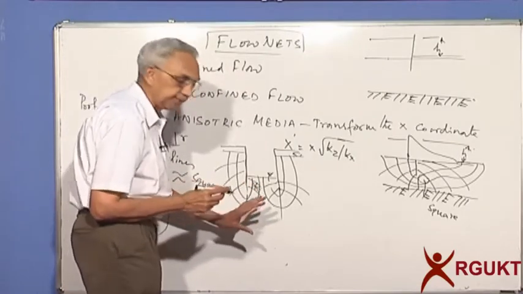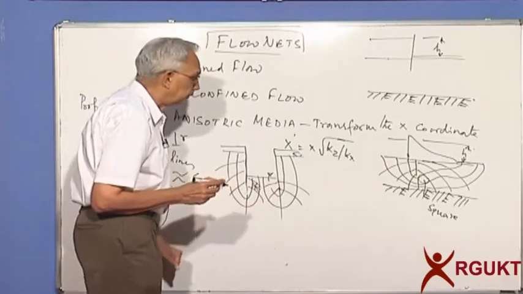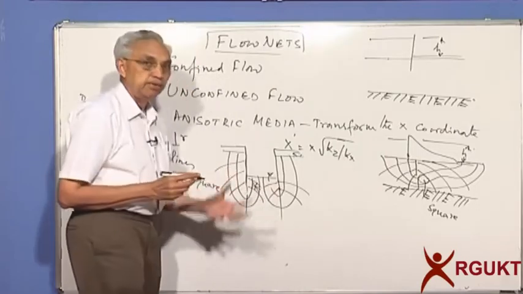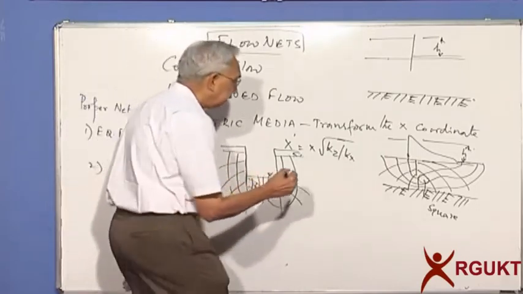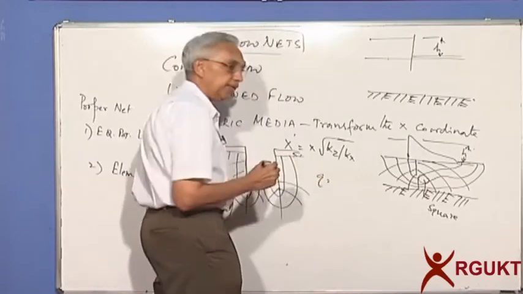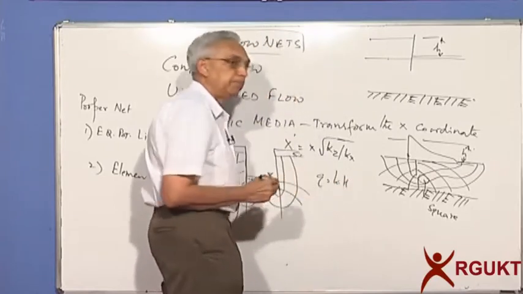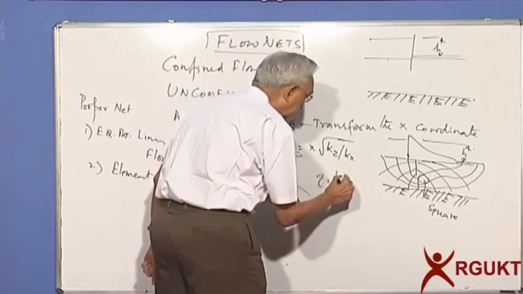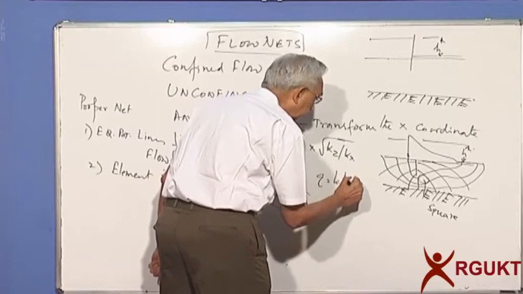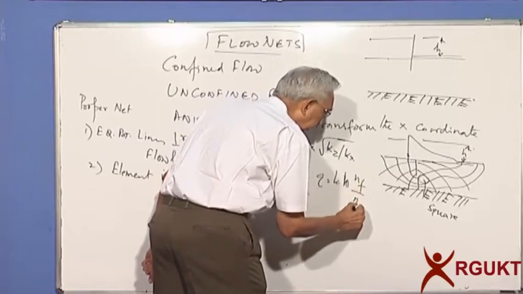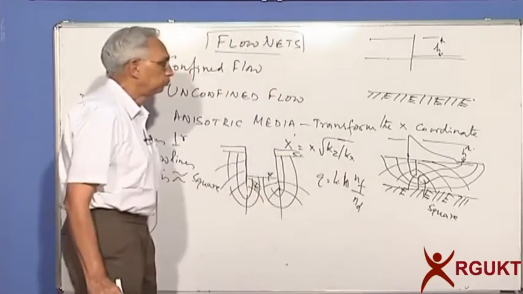If you can construct such a good flow net, there are two important things you can make out from it. One is the rate of discharge, which is very easy to calculate: the coefficient of permeability times the head drop, if I use small h here, times the number of flow paths divided by the number of head drops.